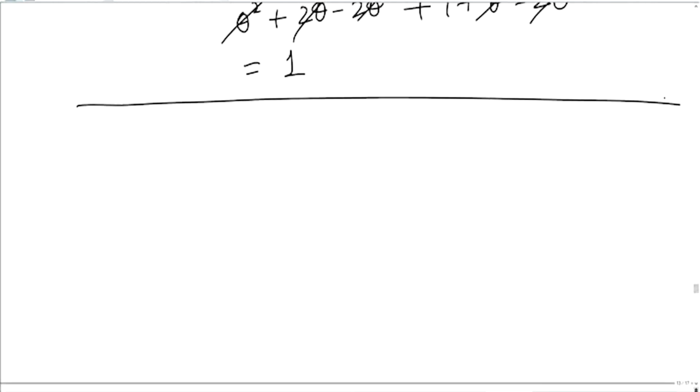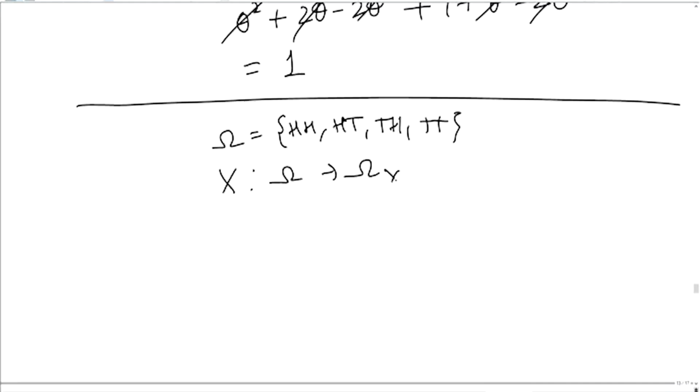So let us just revisit. This was our original sample space, and we defined a random variable x, which is a function that maps omega to omega x in such a way that omega x would have these values now 2, 1, 0.